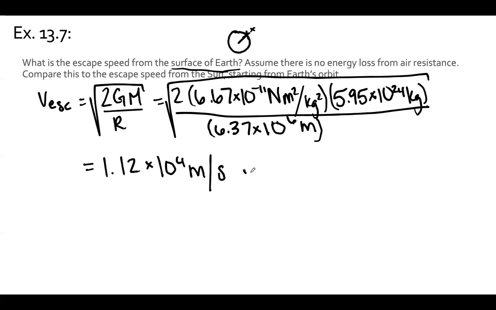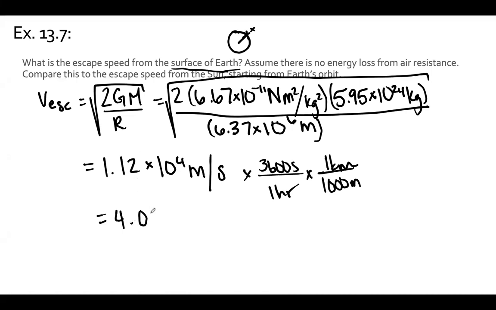Or if we want to put it in something that we would recognize, let's put it into at least kilometers per hour. So we've got 3,600 seconds in 1 hour, and for 1,000 meters, we have 1 kilometer. So we'll say times 3,600 divided by 1,000, and it is about 4.02 times 10 to the 4th kilometers per hour.